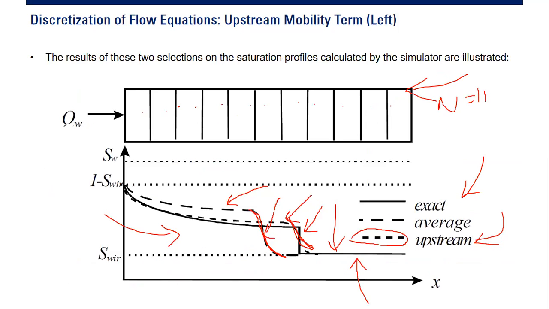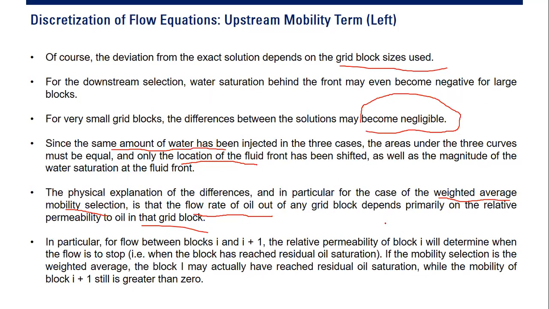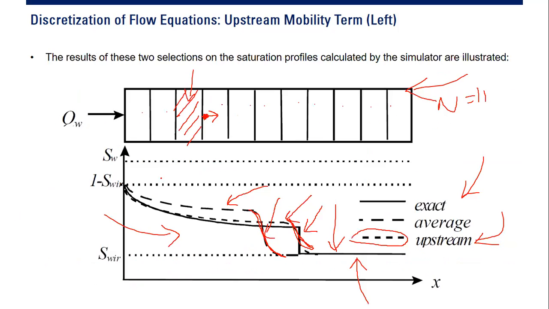Okay, so you have one grid block here and you have the flow of water. The flow of water going out of this grid block depends primarily on the relative permeability to oil in that grid block.